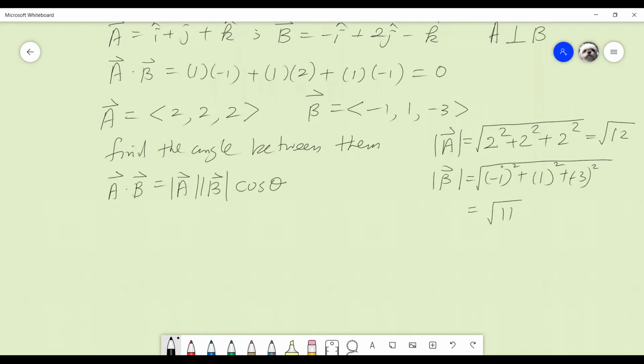Now then, what can I do? What is A dot B here? The scalar, so 2 times negative 1, plus 2 times 1, plus 2 times negative 3. What is this equal to? Oh, you add them together. It's negative 6, yes.